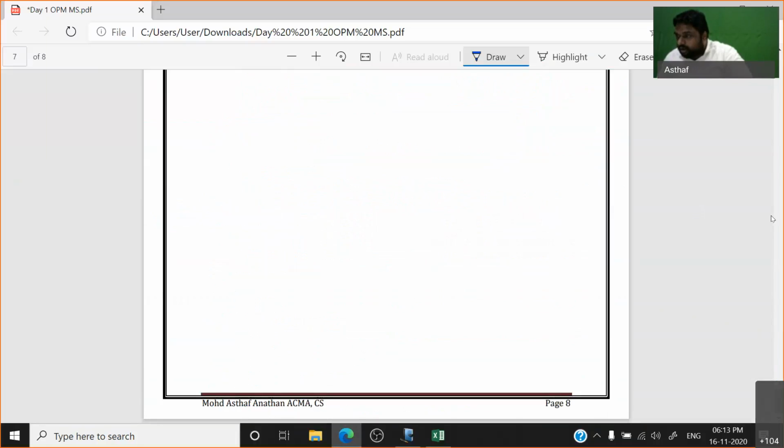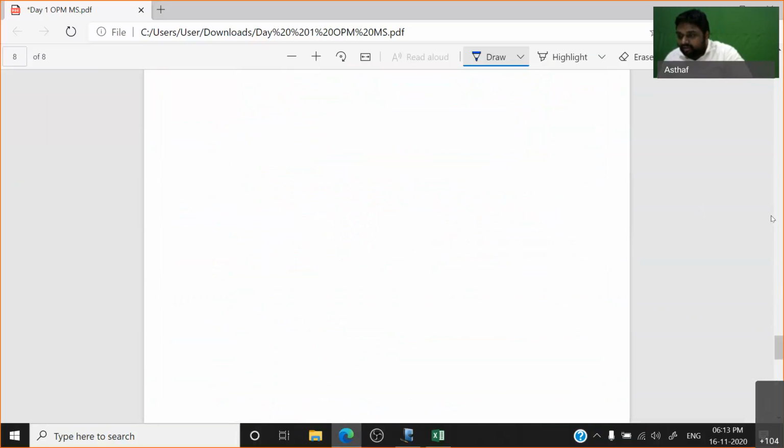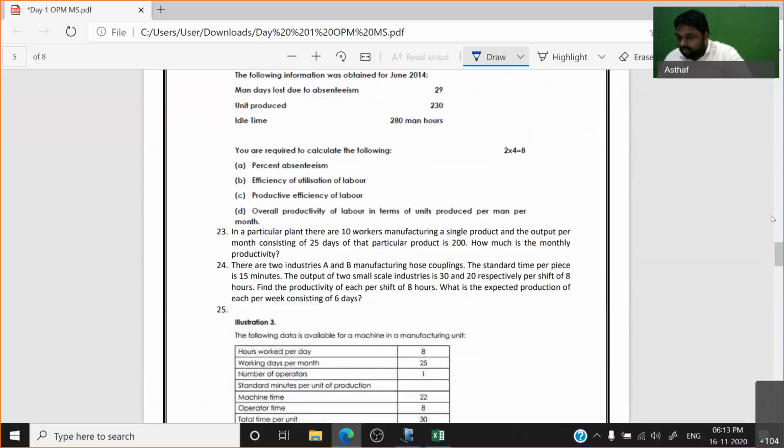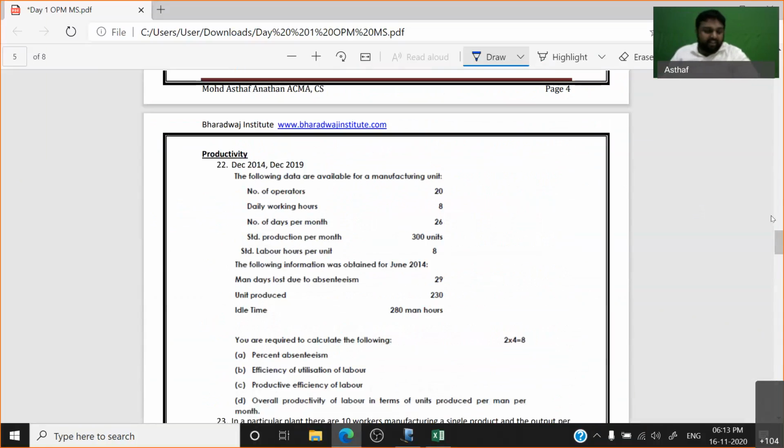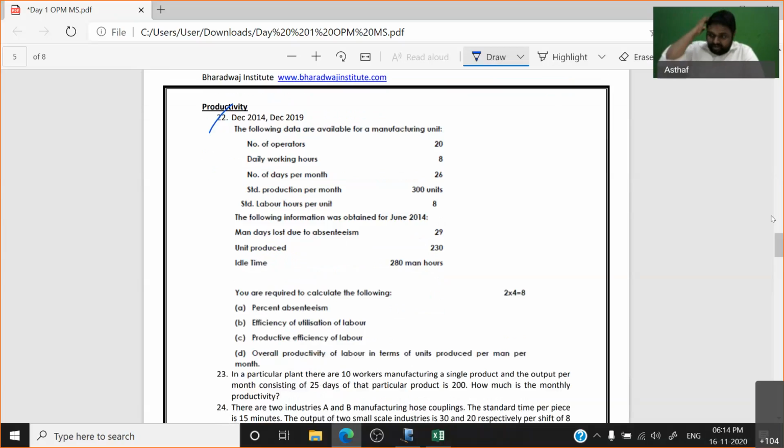So, one area we left here: productivity. You can do it very fast, very easy. In 2 minutes we'll finish this topic. So what is productivity? Number of operators, working time, wages, and other details are given.